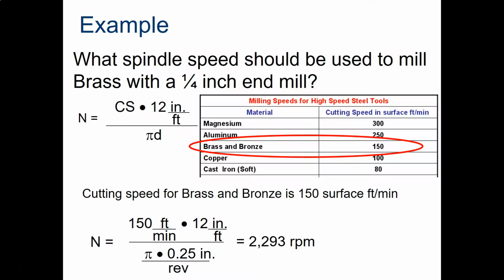That gives us our circumference. So we have a converted cutting speed divided by our circumference to give us a spindle speed, how fast that tool should spin, 2,293 RPM if I want to get through brass or bronze.